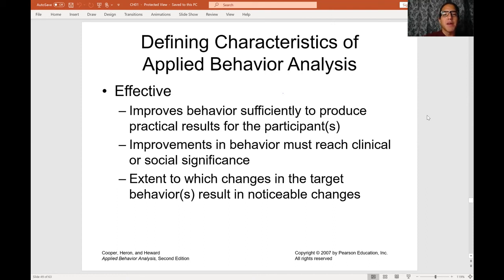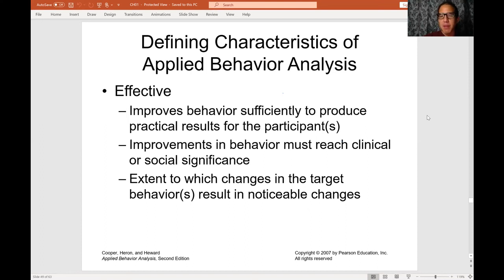And effective. Effective means that it improves behavior sufficiently to produce practical results for the participants, right? The improvements in behavior must reach clinical or social significance. The extent to which changes in the target behavior result in noticeable changes.